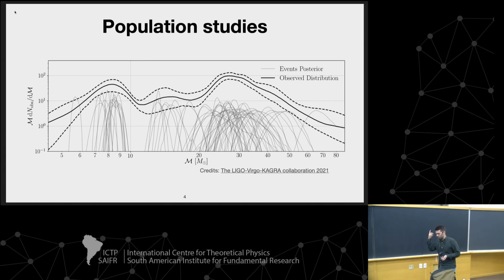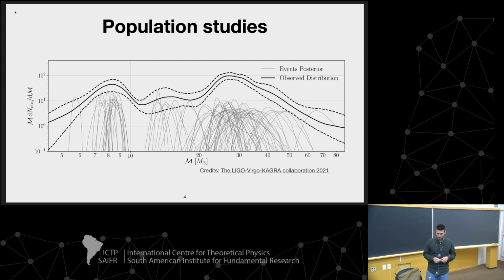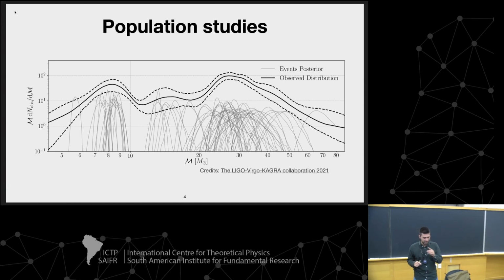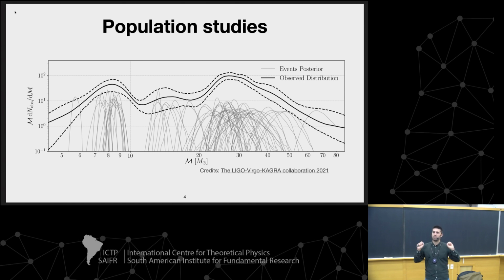This comes out from a simple KDE, kernel density estimation. So what we want to do now, given the observed distribution of the entire population, which is the thick black line showing in this plot, is to try to extract information from this population.